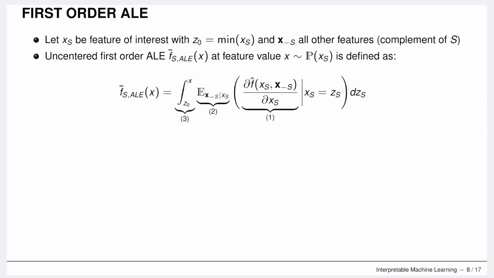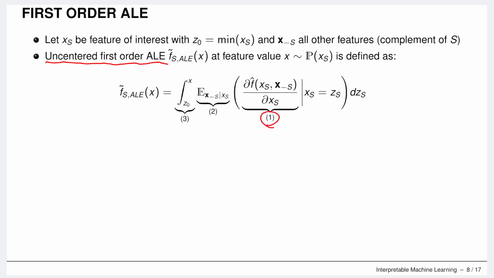All these 3 steps that we have mentioned can be put together into one single formula, which is the so-called uncentered first order ALE function. We have referenced all these 3 steps here in this formula.